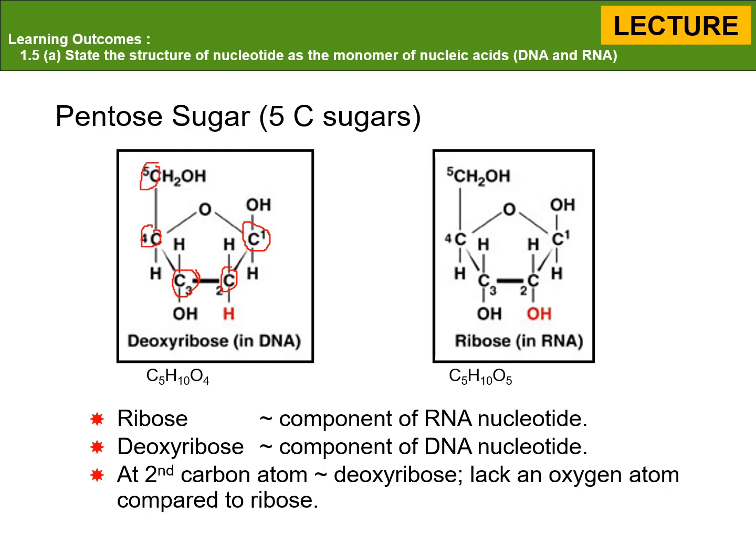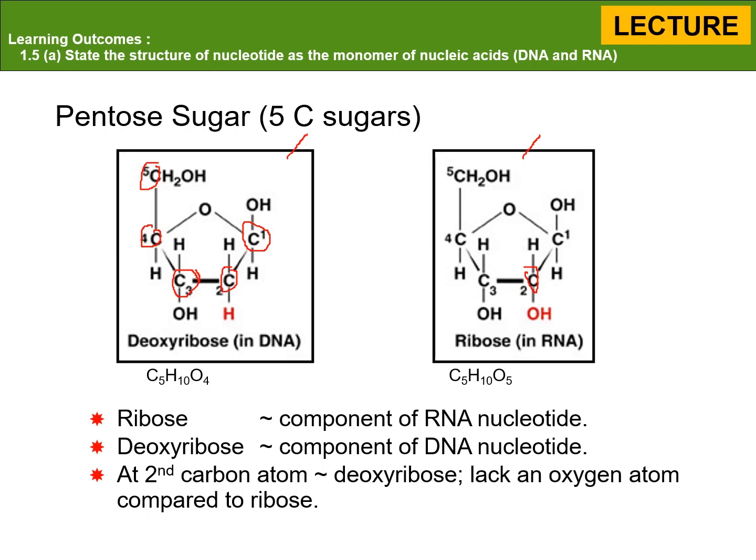Pentose sugar can be divided into two. Deoxyribose can be found in DNA, and ribose can be found in RNA. The difference between deoxyribose and ribose is at carbon number 2.